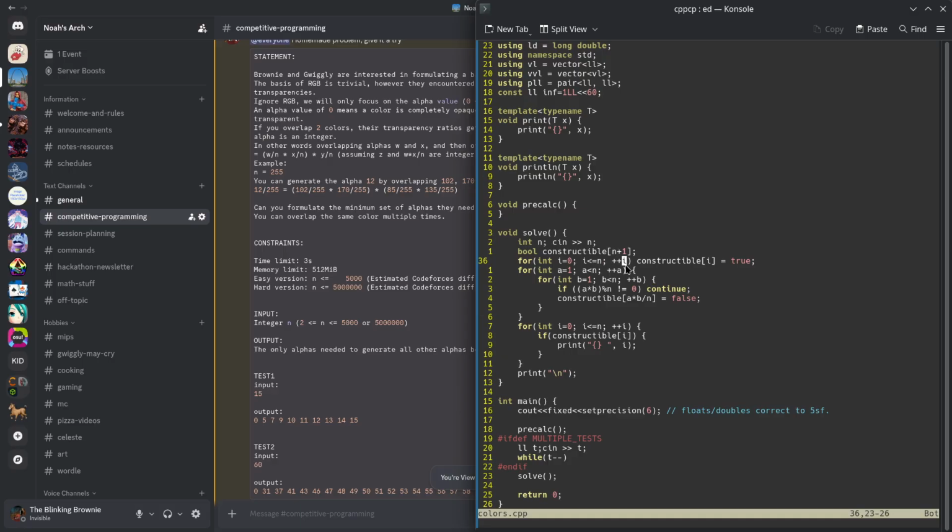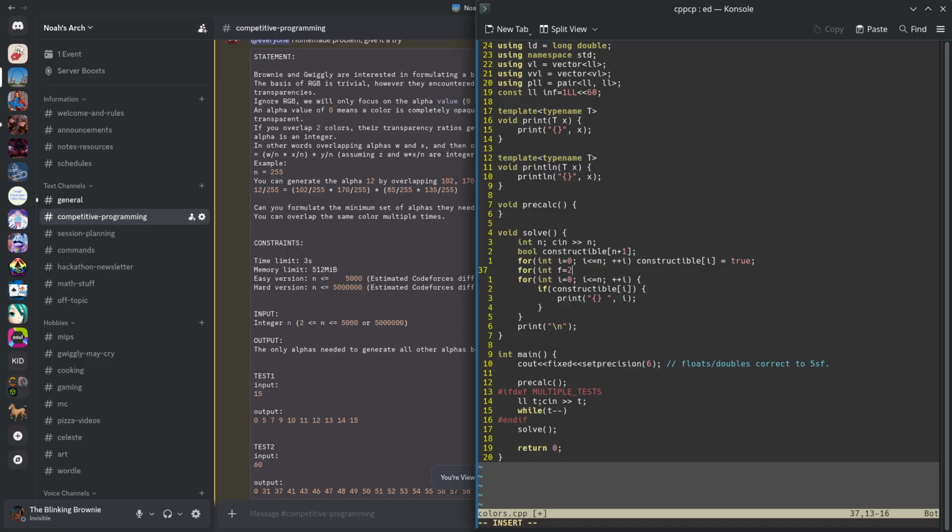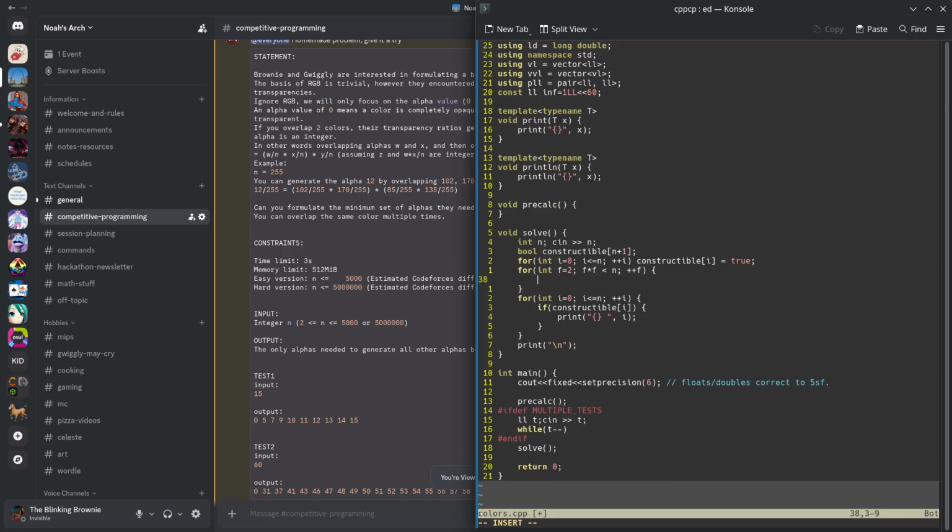So now this part stays the same. This part changes completely. For int f equals 1, f times f less than n plus f. We don't need to check powers. Well, we don't need to check divisors over the square root of n, because I'll talk about it later. If n mod f is not equal to 0, continue, because we only care about divisors.